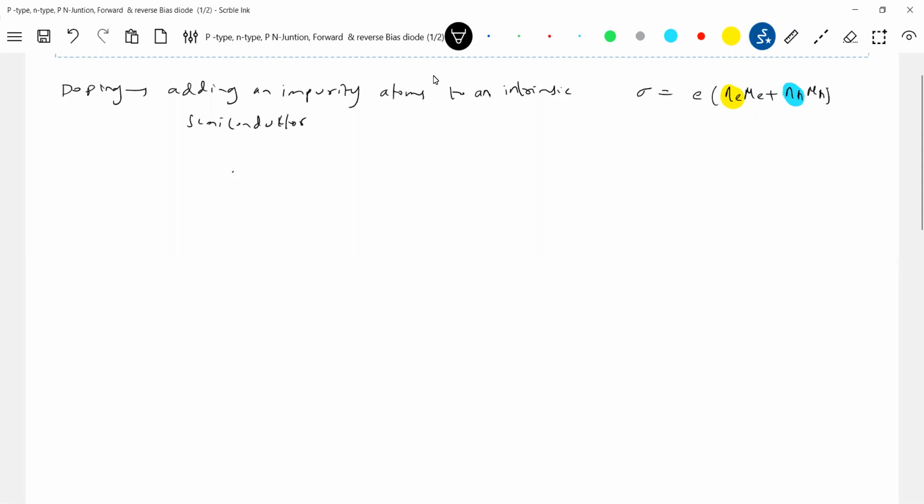I can increase the concentration of electrons by however much I want the conductivity to increase. So that will increase the conductivity. The advantage is that I can control the conductivity. This is not there in metals. You can't change it in metals.